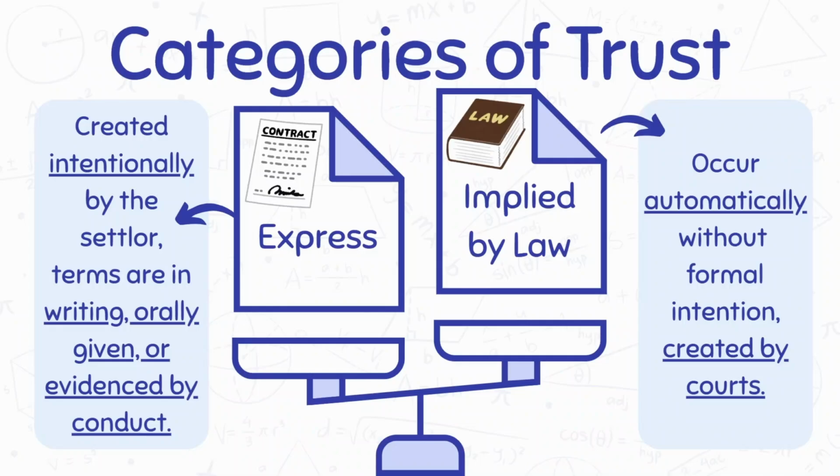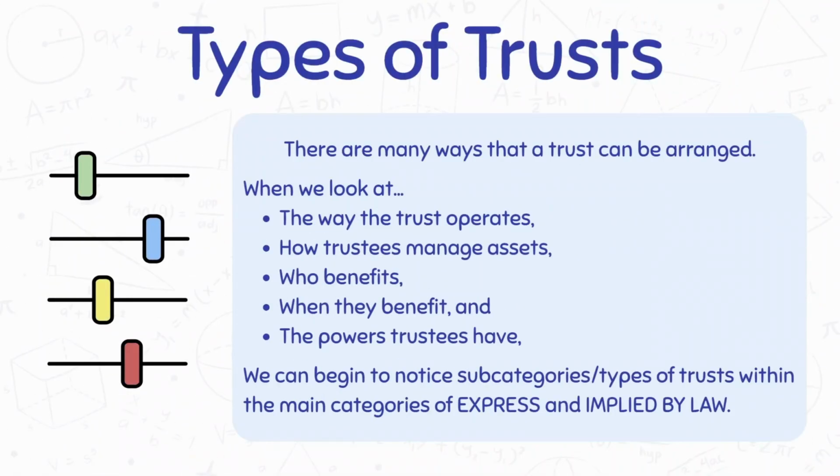Then, on the other hand, you have trusts implied by law, which refers to trusts that arise automatically, so without a settlor involved, because it is the courts that create them by recognizing that equity requires a trust to be imposed. Then, of course, from these categories, you will have subcategories or subtypes, which there are many.